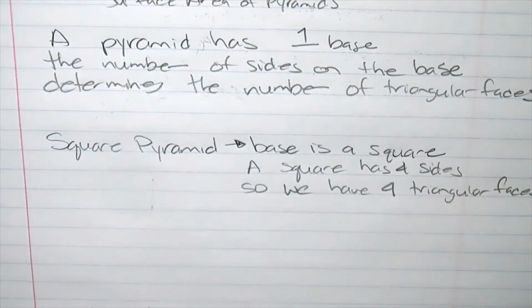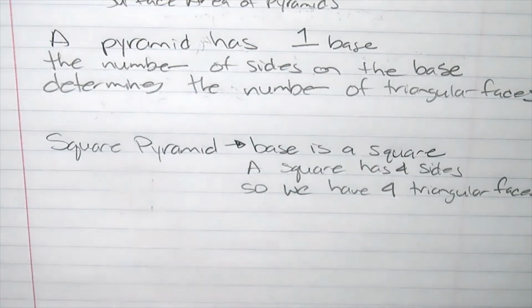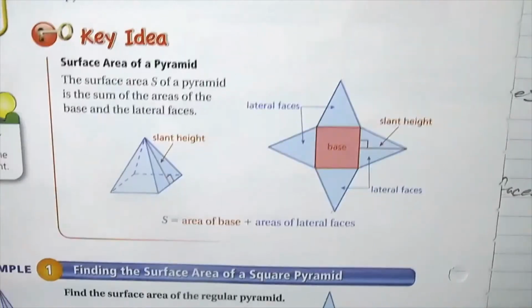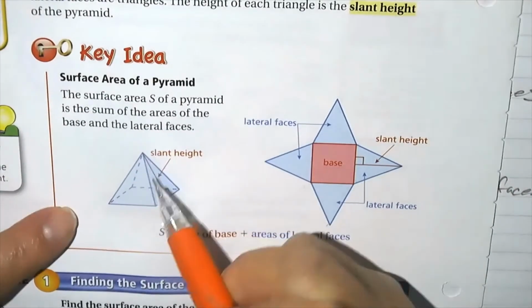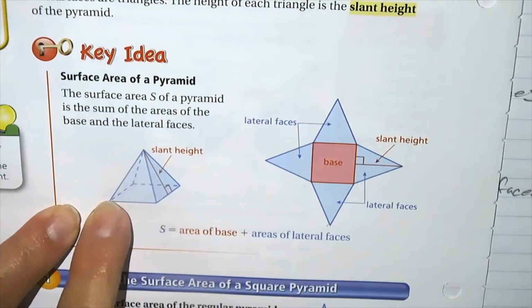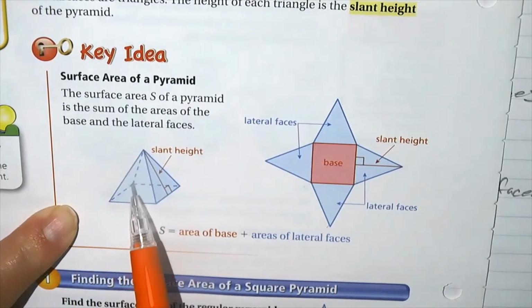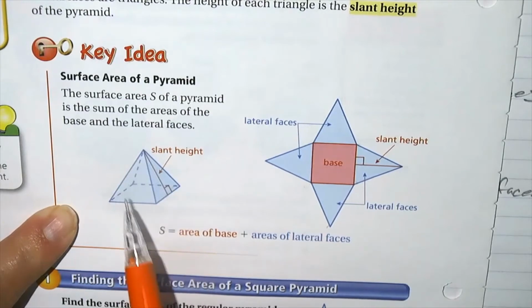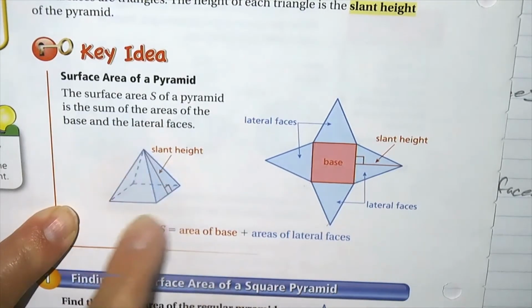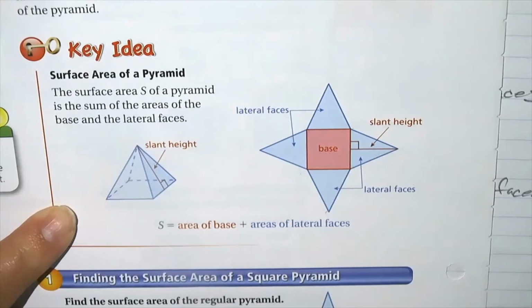Well, that's all fine and dandy, but what does all of that mean? It's all in your book. This is a square pyramid, and this is what it looks like 3-dimensional. The base down here is a square. It's kind of hard to work with a pyramid that's 3-dimensional.